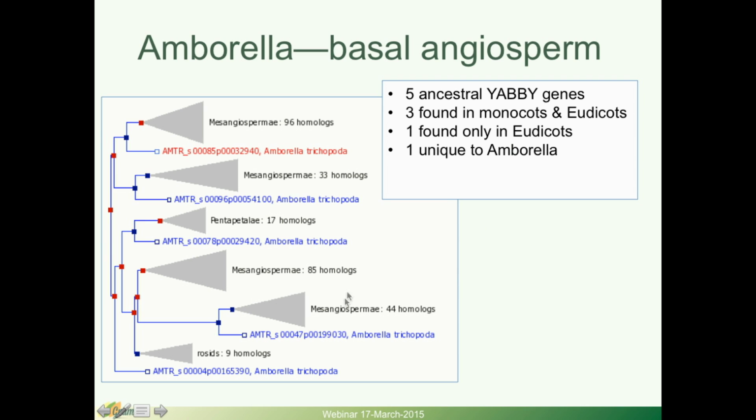And what's interesting is that 4 out of these 5 are associated in clades that exist with extant monocots and dicots. So 3 of these are found in monocots and dicots, 1 of these is found just in eudicots, according to our tree, and one is unique to Amborella.